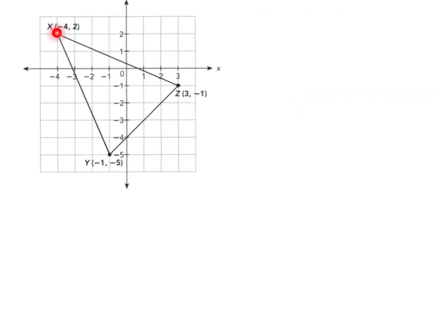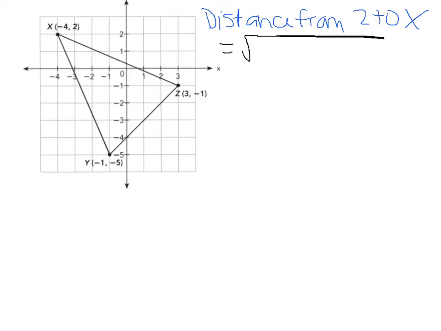We will now look at our final side, which is XZ. So we are looking for the distance from Z to X, which equals the square root of x2 minus x1 squared plus y2 minus y1 squared.